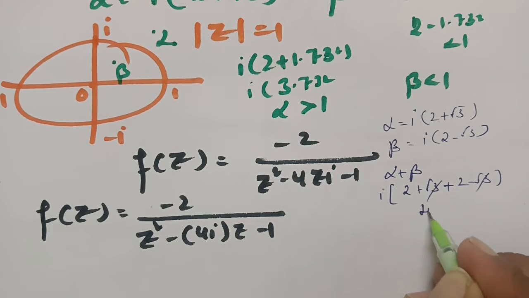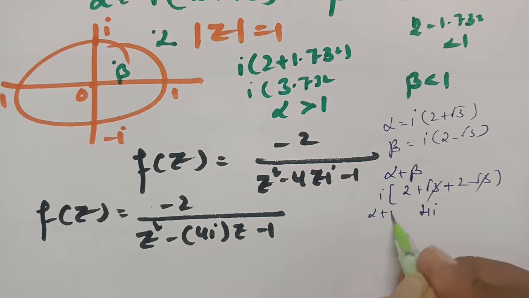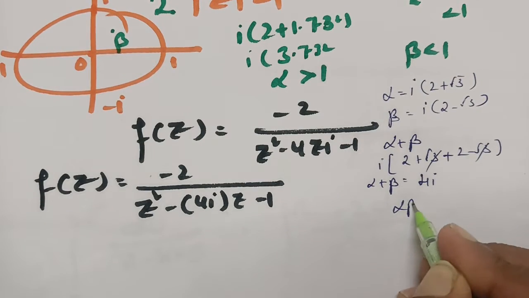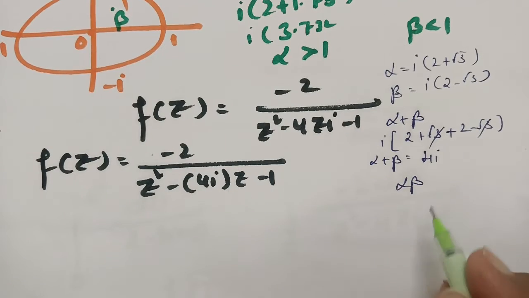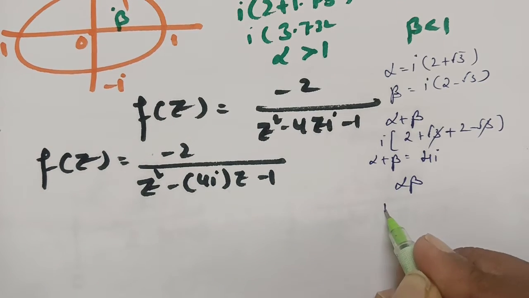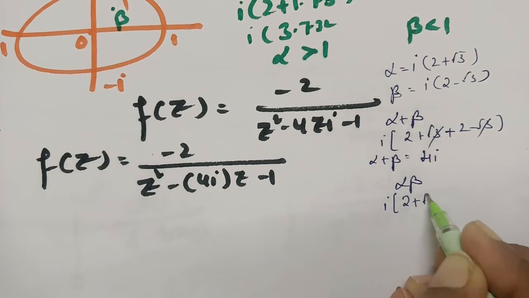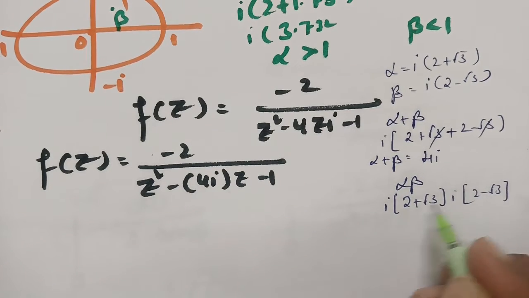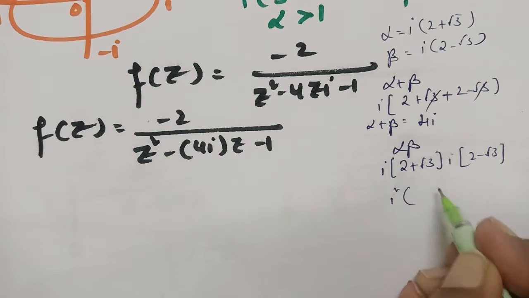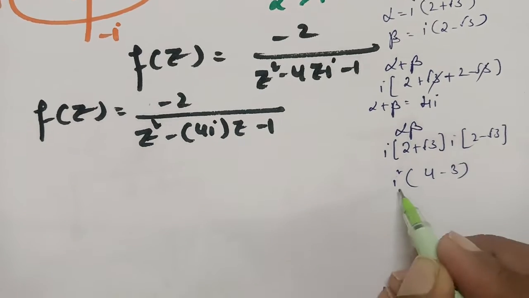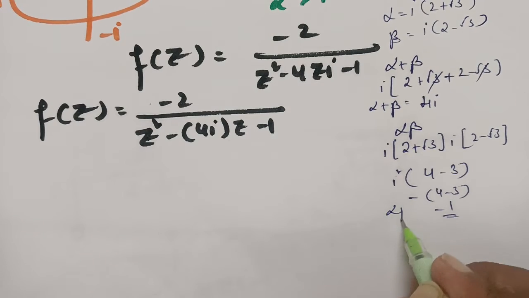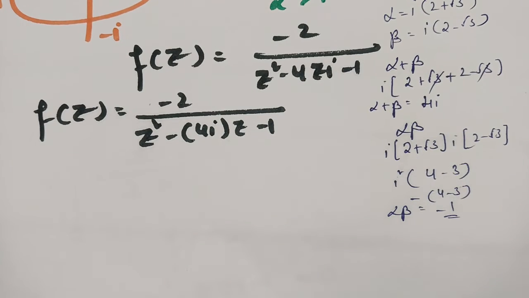If I cancel this one, this value is 4i. So alpha plus beta value is equal to 4i. Now the product of the poles, alpha beta, is i times 2 plus root 3 and i times 2 minus root 3. i into i is i square and this is 4 minus 3. i square is minus 1. This 4 minus 3 value is minus 1. So we got alpha beta value as minus 1.